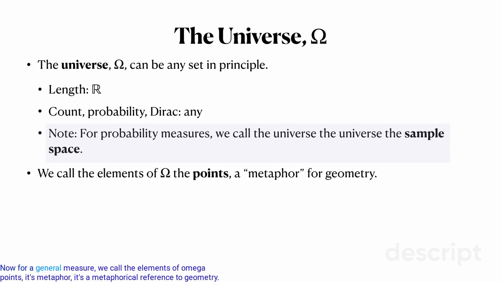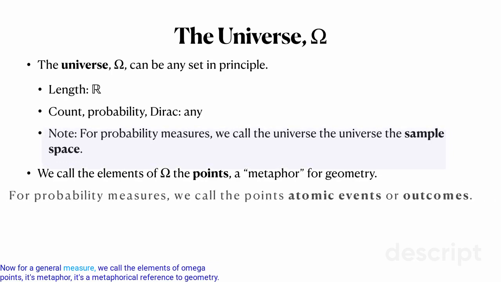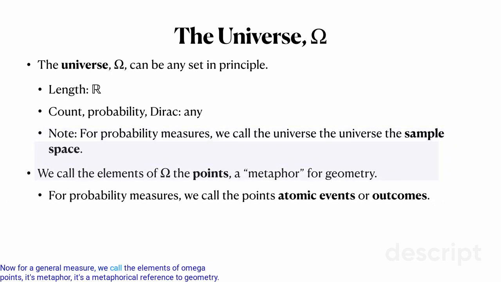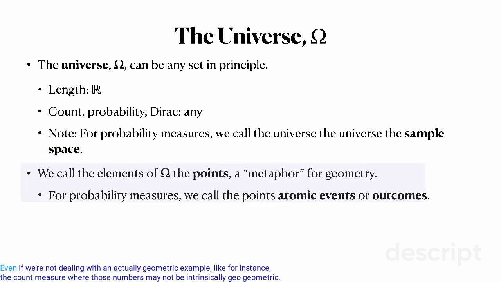Now, for a general measure, we call the elements of omega points. It's a metaphorical reference to geometry, even if we're not dealing with an actually geometric example. Like, for instance, the count measure, where those numbers may not be intrinsically geometric.